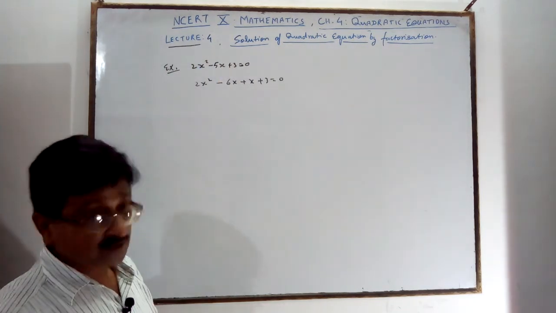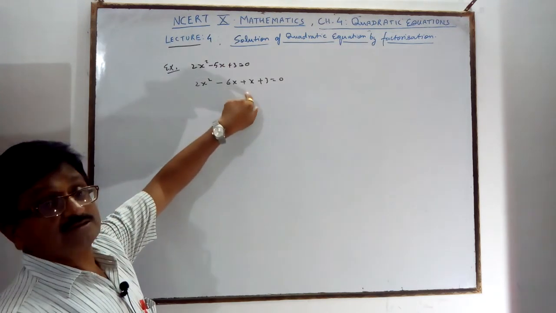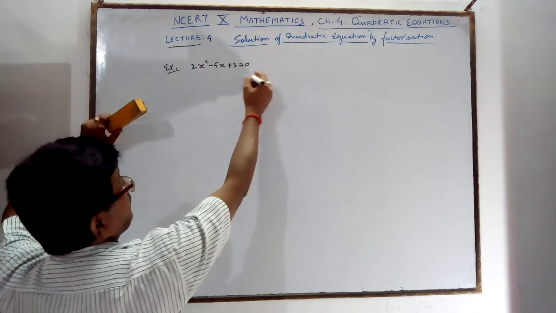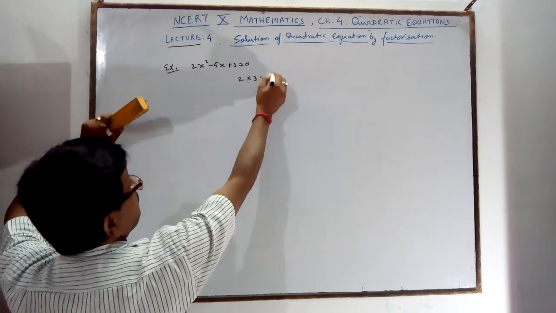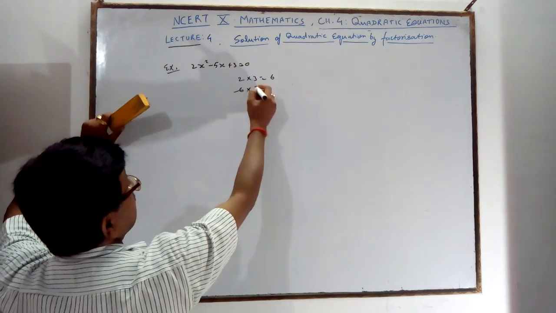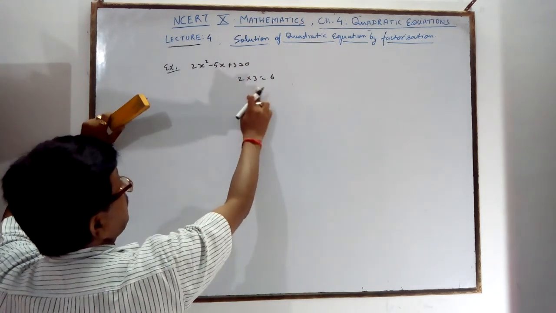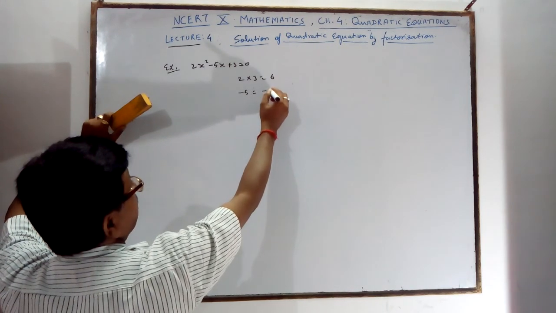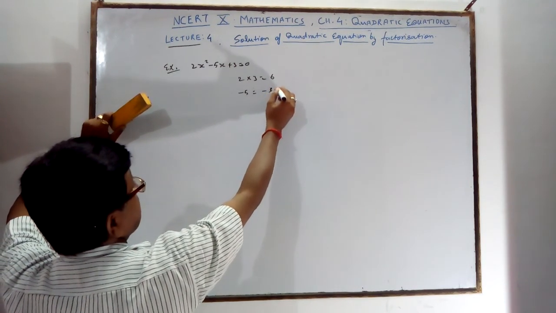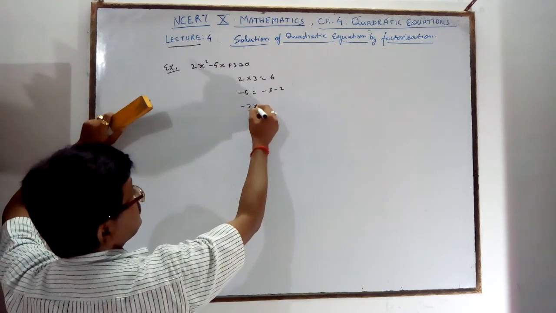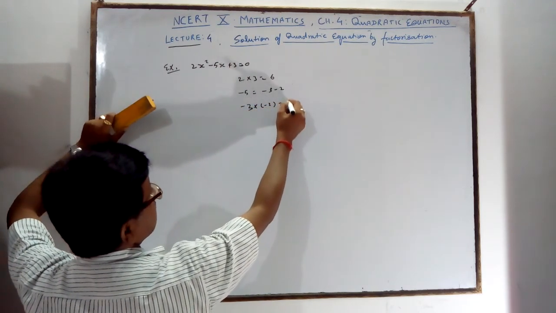So what will you do? By mistake you don't do this. You do it like class 9th. The product is 6, and you want the sum to be minus 5. You want minus 5 only when there will be minus 3 and minus 2, and minus 3 into minus 2 gives you plus 6.